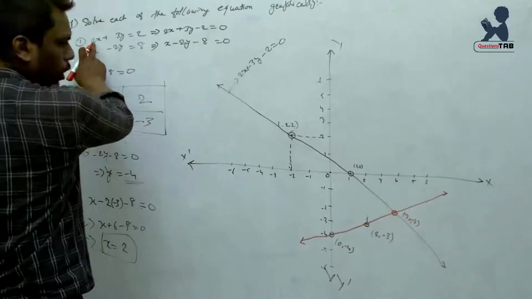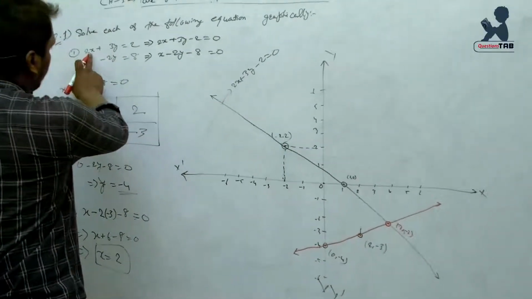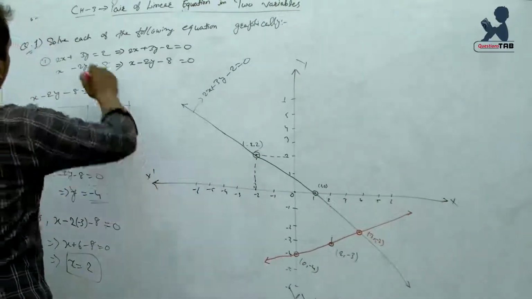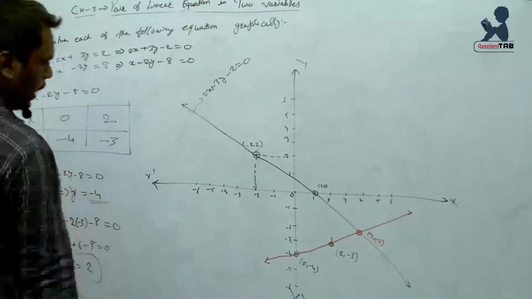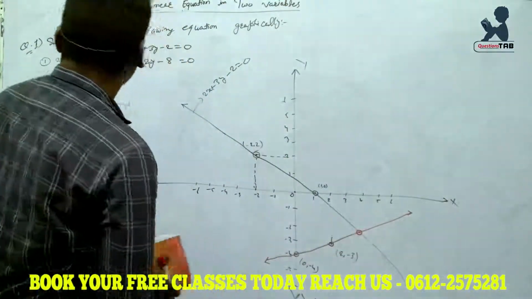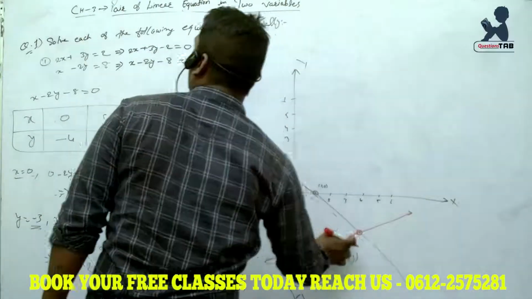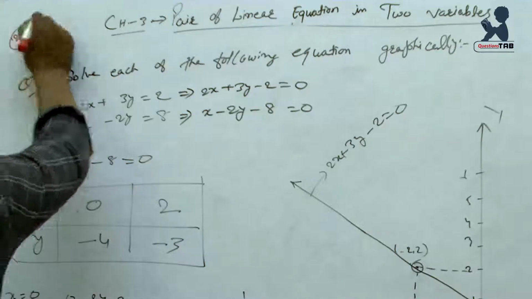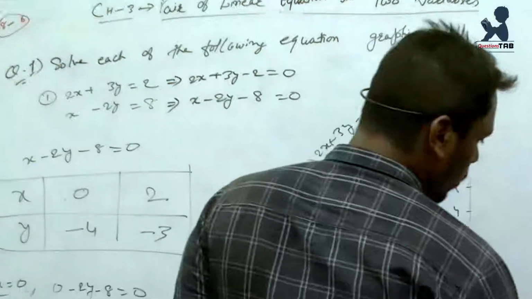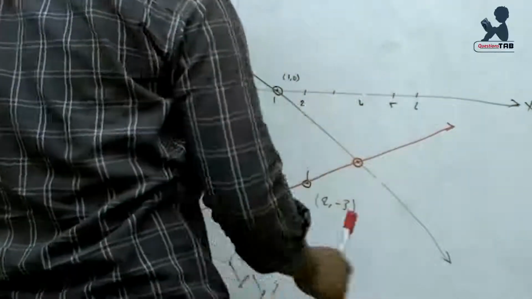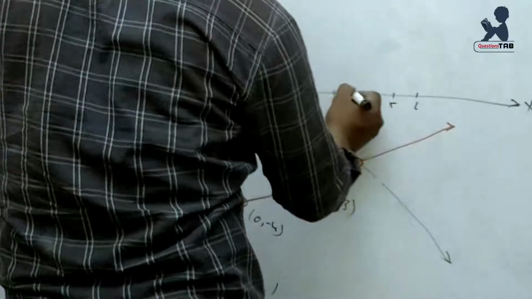So here 2 and 3, 2 3 is 6 minus 3 2 is 6, no, that's not a perfect answer. Okay, so I think it's 4. So 2 4 is 8 minus 6, yes. So it's nothing but this point. Let's correct it. This point is somewhere at 4.